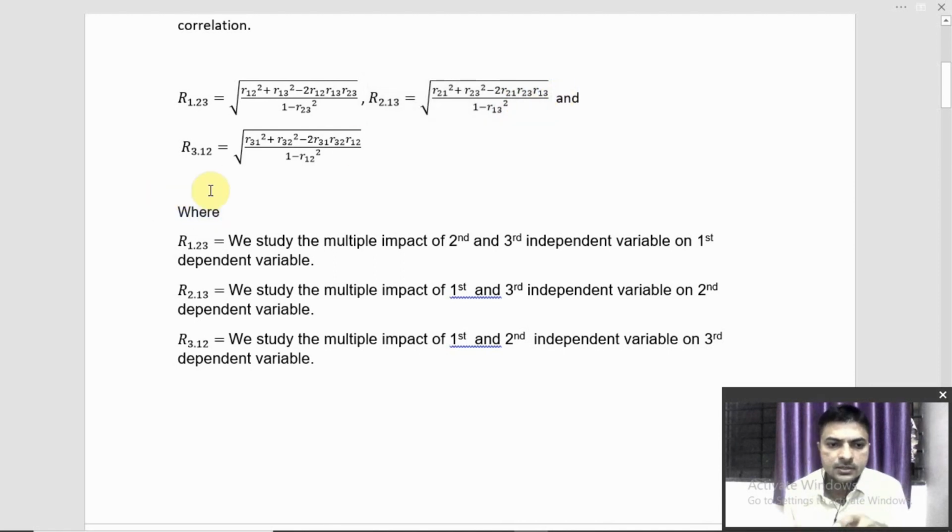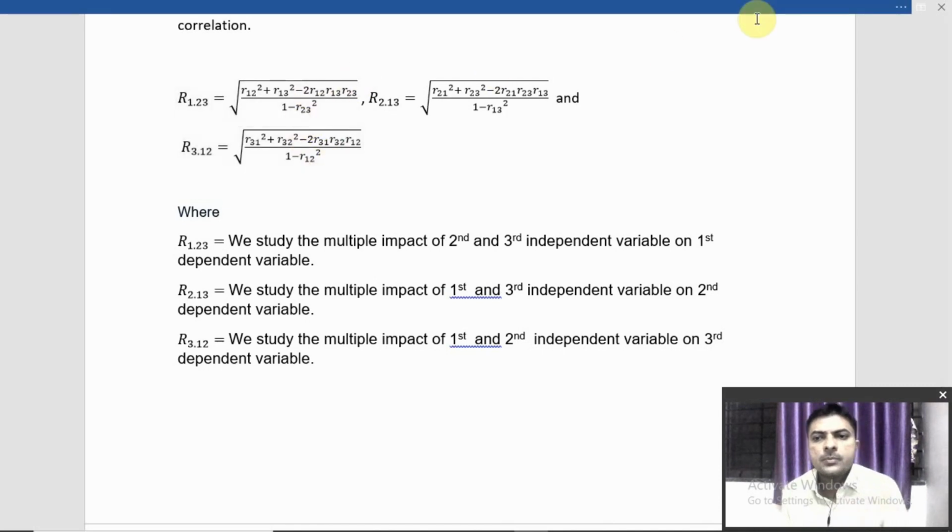Similarly, we have the next one, R3.12. It is again the impact, the multiple correlation impact of the first and second independent variables on the third dependent variable, which is given by the square root of (r31 square plus r32 square minus 2 r31 r32 r12) divided by (1 minus r12 the whole square).